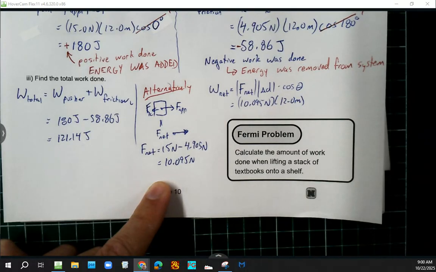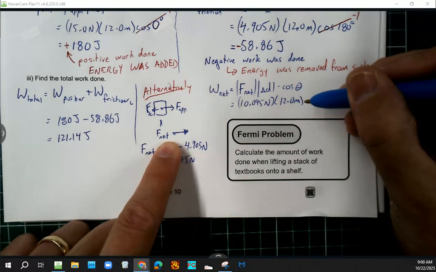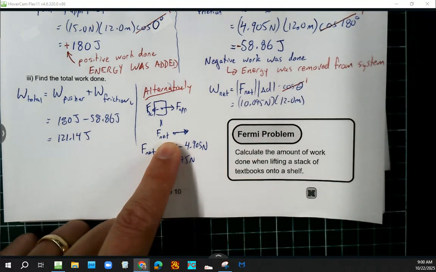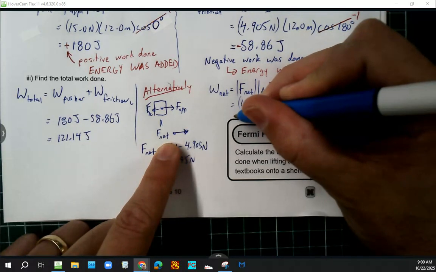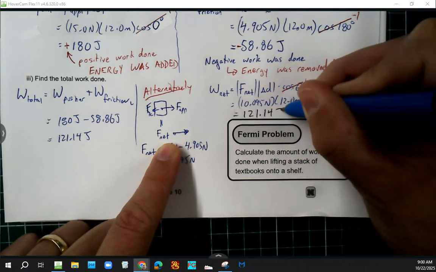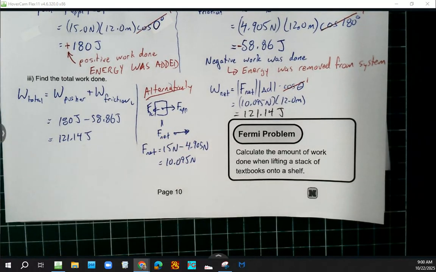Cosine of theta, remember, if the net force is to the right and the displacement is to the right, cosine of theta disappears as just a 1 because it's cosine of 0. And lo and behold, you end up getting 121.14 joules.